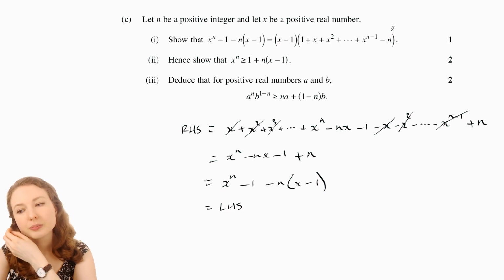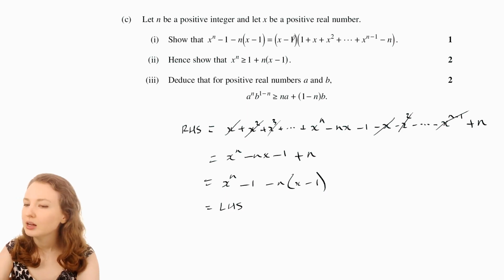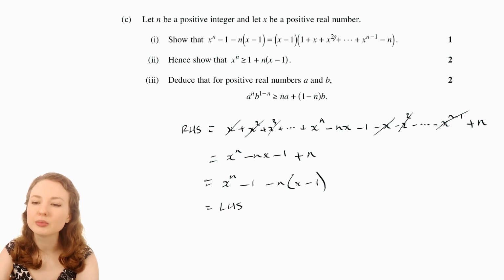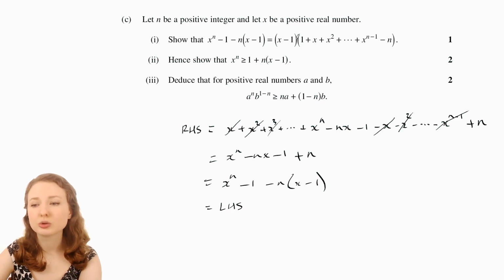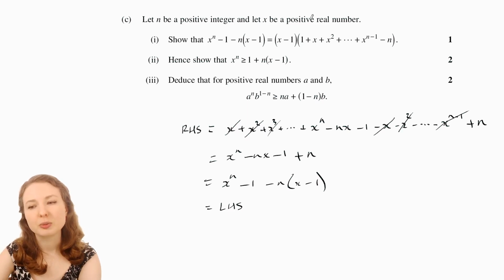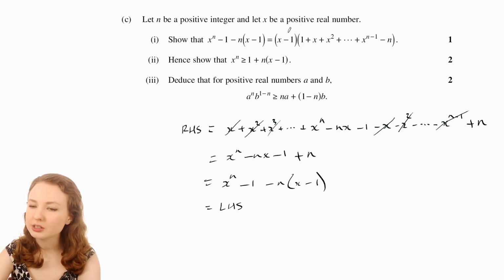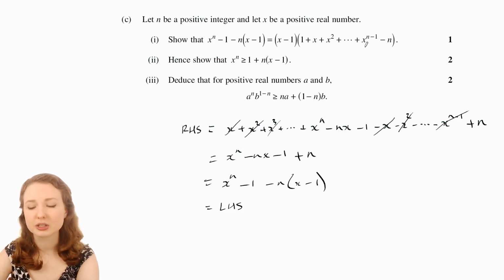So you would see that when x is bigger than 1, this bit's positive, and you've got a bunch of numbers that are bigger than 1, and there's n of them, so they add up to something more than n. So that minus n is also going to be positive. When x is less than 1, it still has to be positive, so it's between 0 and 1. This bit's going to be negative, and this bit here is going to add up to something less than n, because all of these bits are less than 1. So here you're going to get a negative number as well, so you've got negative times negative.